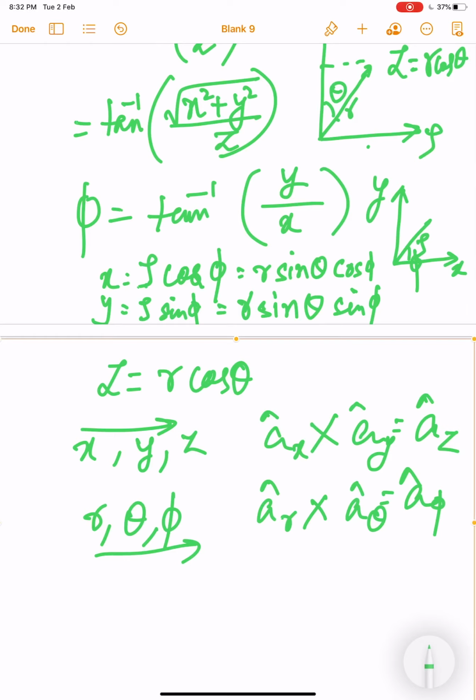Till then, you find out what you can write for the value of A r, that is the magnitude in the direction of A r cap, in terms of Cartesian coordinates and in terms of spherical coordinates. Okay, we will discuss all this in the next class. Okay, thank you.